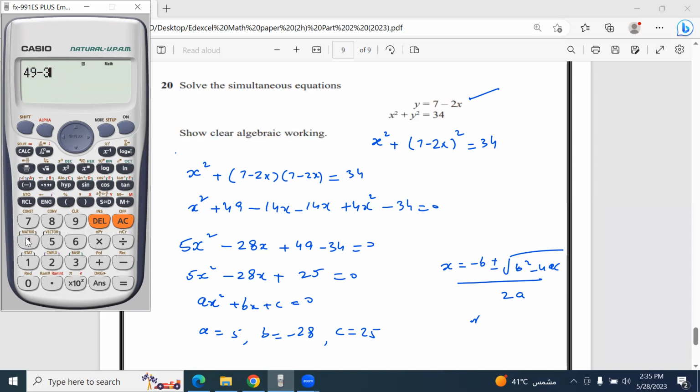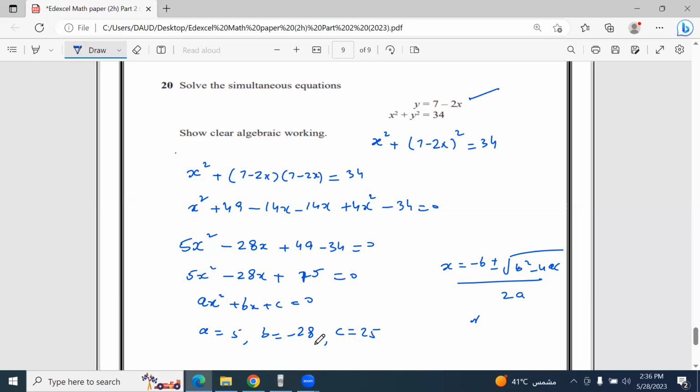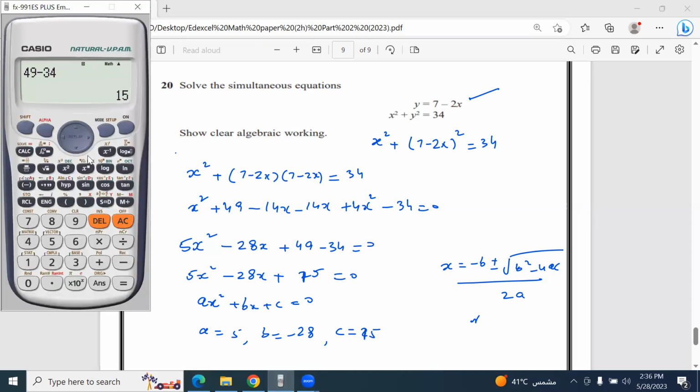That gives me 15, so c is 15, not 25. Check carefully when you subtract. Now again, a is 5, b is minus 28, and c is 15.